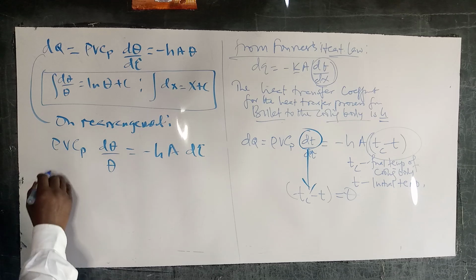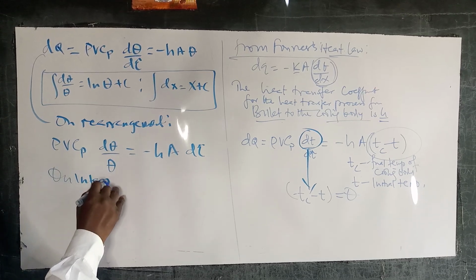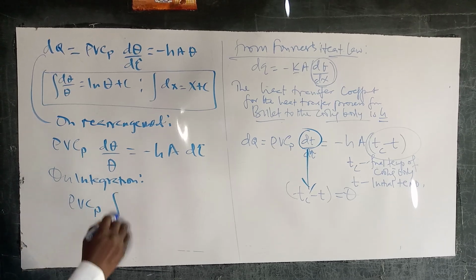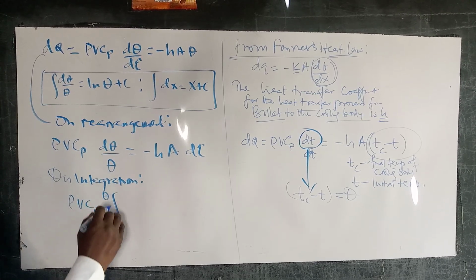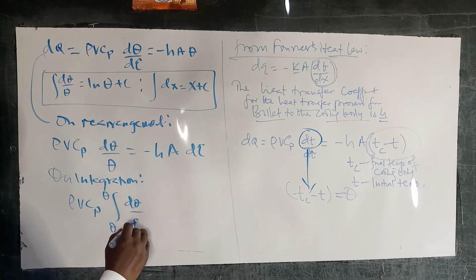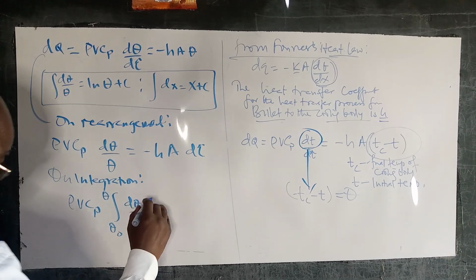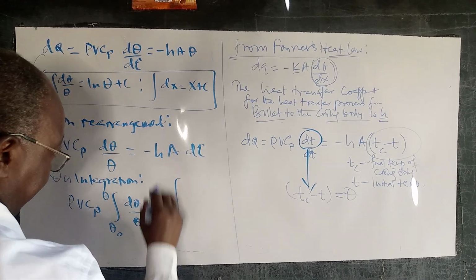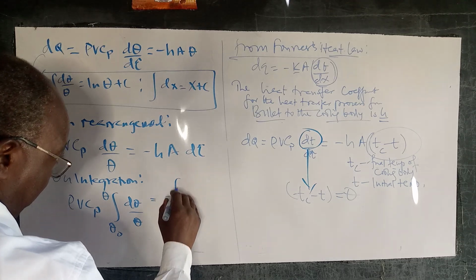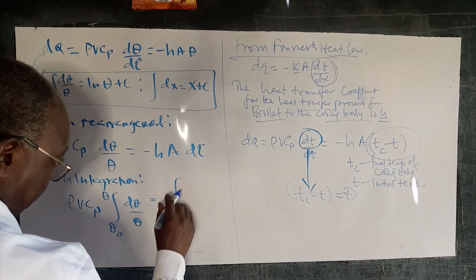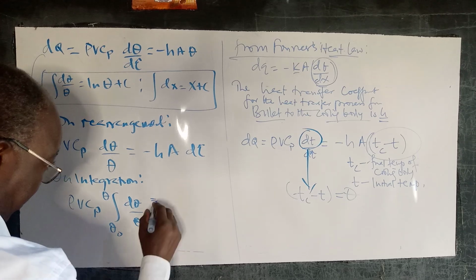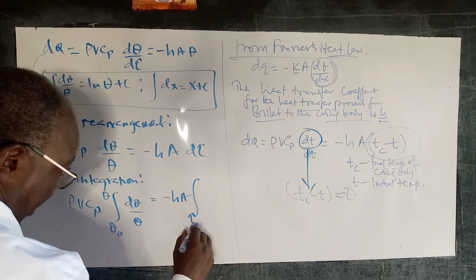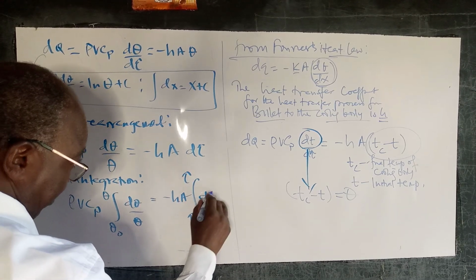So on integration, we'll have rho V Cp integral from some initial value to some final value of d theta over theta is equal to minus H A integral from 0 to tau of d tau.